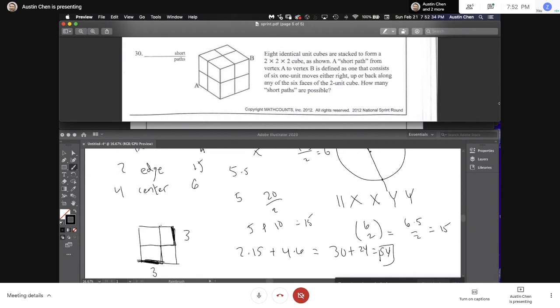What do you think, Austin? Do you think if you did it like that, you would have been able to do it? So that would be 5 choose 2, and then that's multiplied by 1, 2, 3, 4.